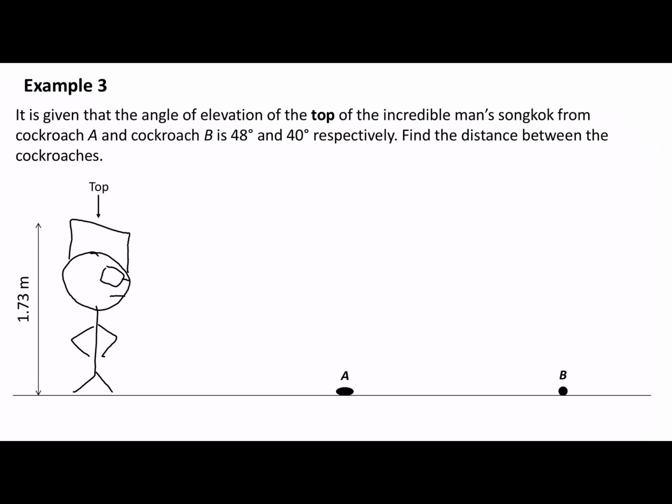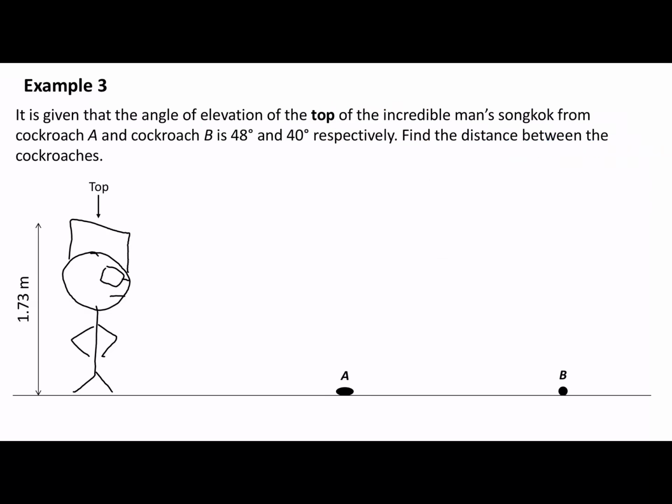Okay, let us go through example 3, which is slightly harder. Read the question, please. Pause the video. Alright, what do you see here? There are now 2 cockroaches looking up at the man's songkok, and you are given 2 angles of elevation.